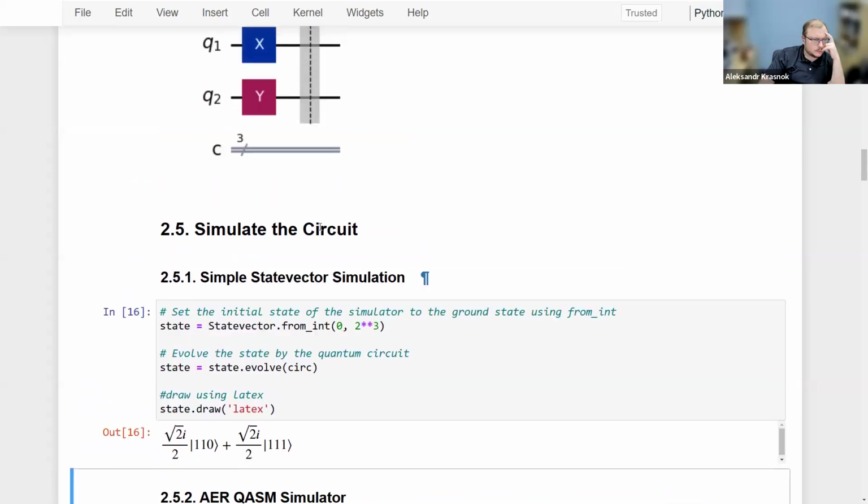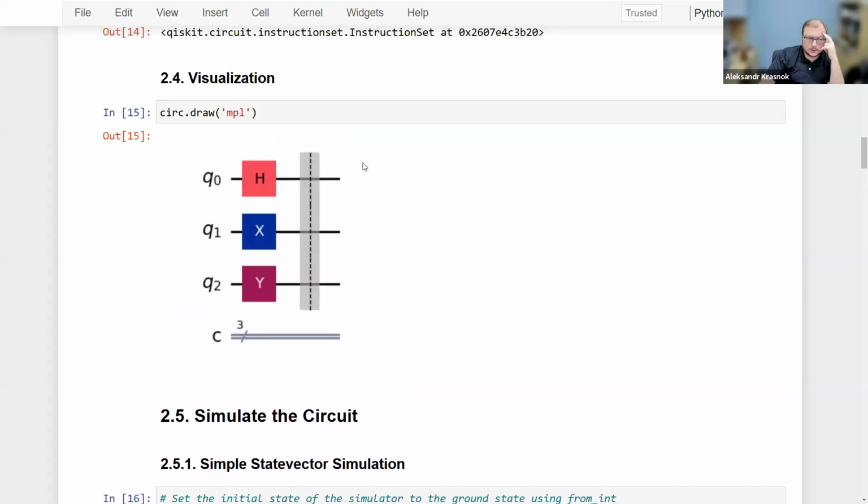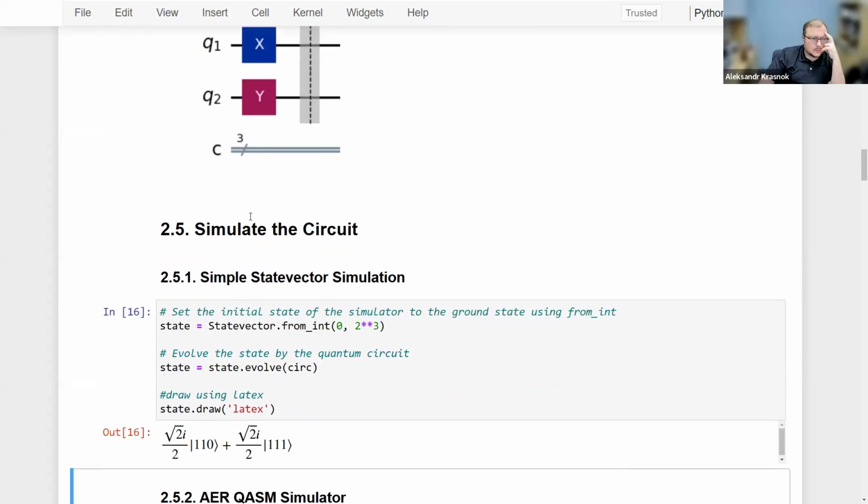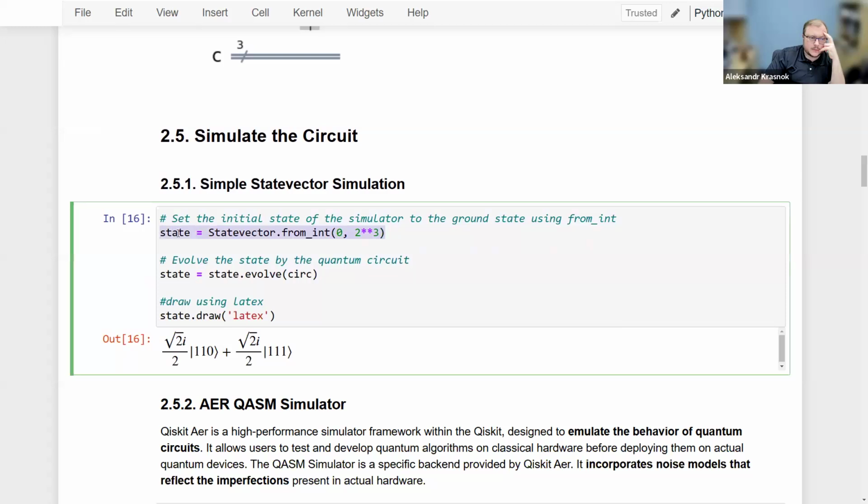So what I did, I have this circuit here with qubits 0, 1, and 2. I indicated my starting or initial state input is a state vector 0. 0 here means state 0, 0, 0.